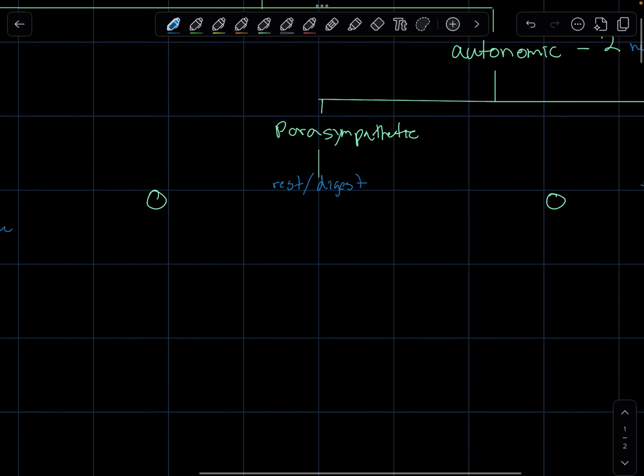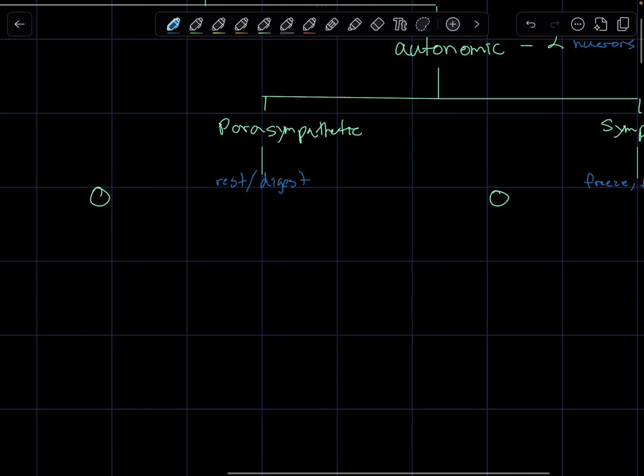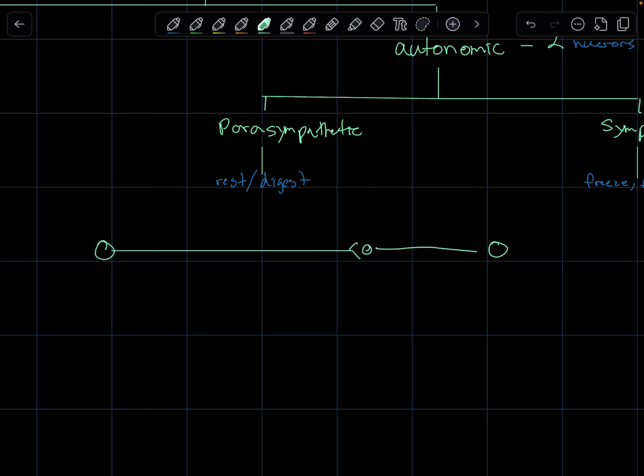And then now we'll talk about the sizes of the presynaptic and the postsynaptic neurons. So for the parasympathetic, it's going to eventually be very long for the presynaptic and short for the postsynaptic.